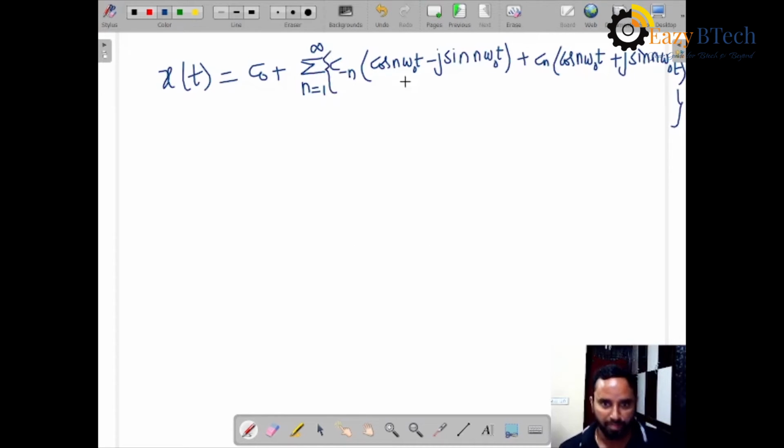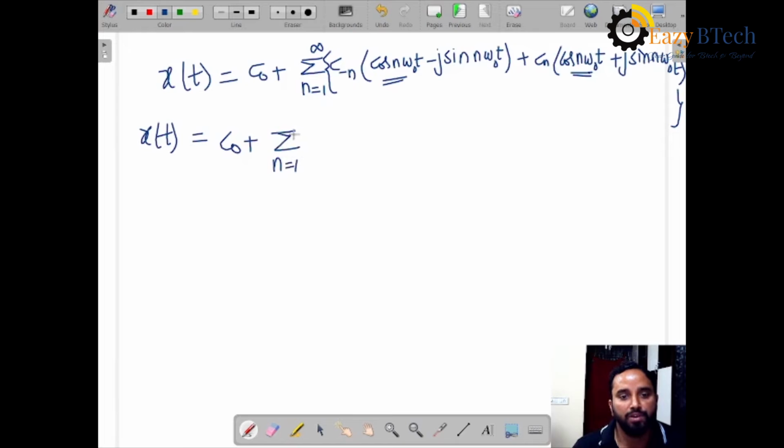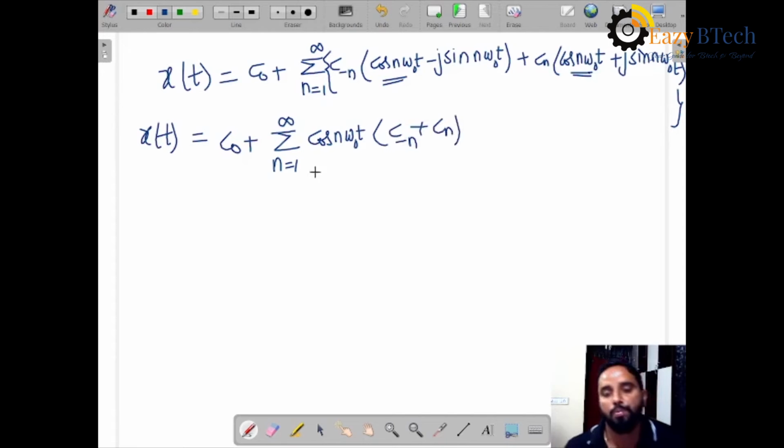Now the cos functions, here we have cos n omega naught t, taking common. So the next step is x of t equal to c naught plus summation n is 1 to infinity, cos n omega naught t common, so we get c minus n plus cn.